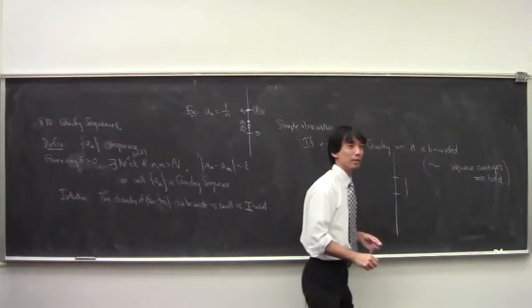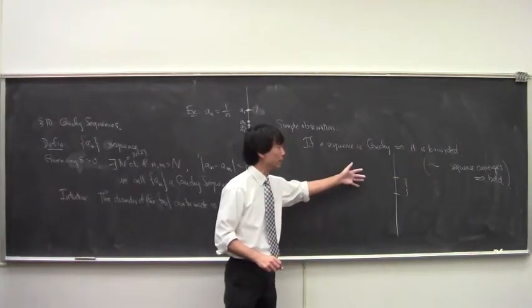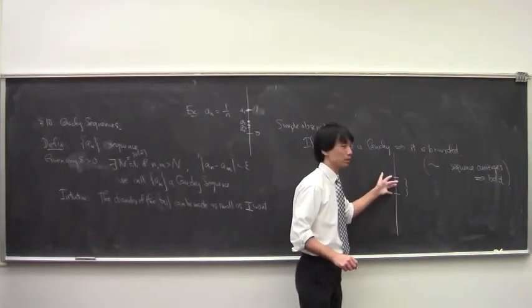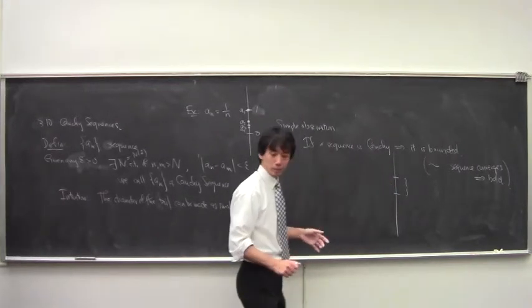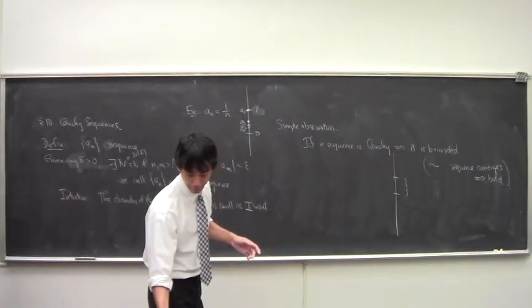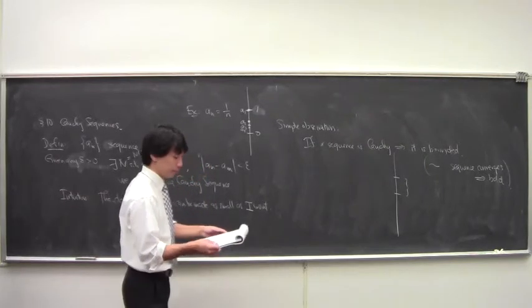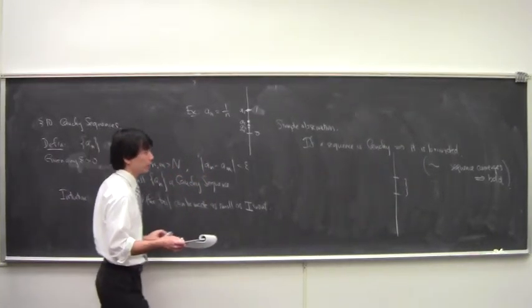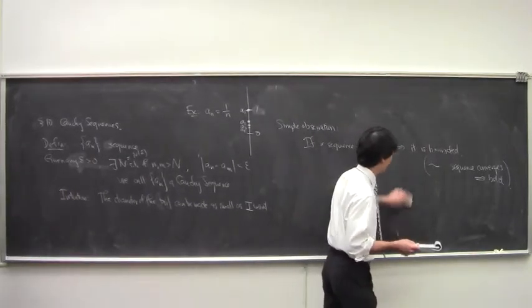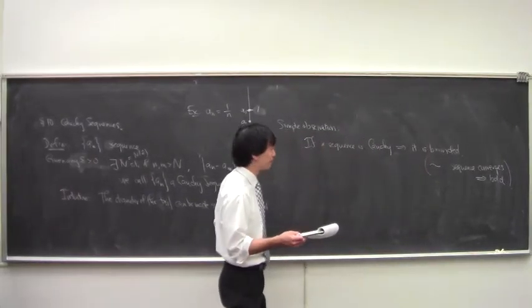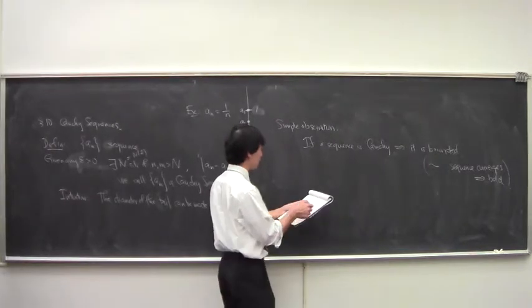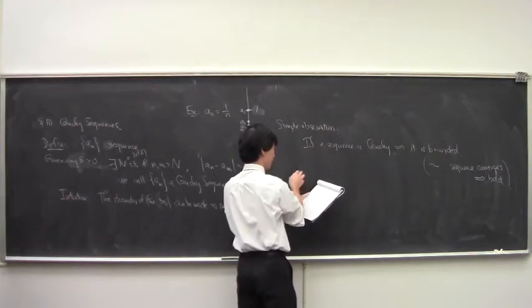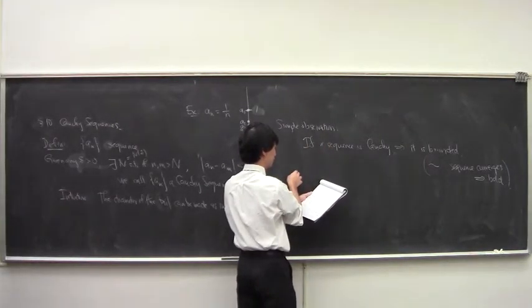It's almost exactly the same argument, but you have to modify it slightly to use the Cauchiness. I'm not going to do it. Maybe I'll leave it as an exercise for tonight.